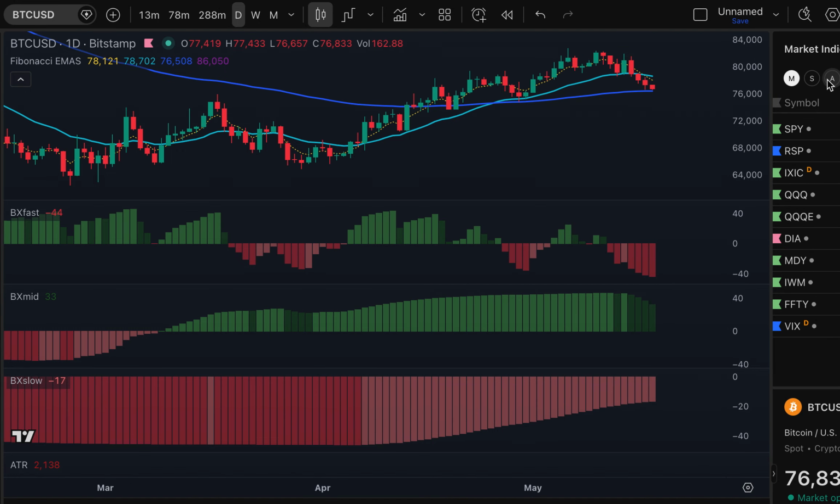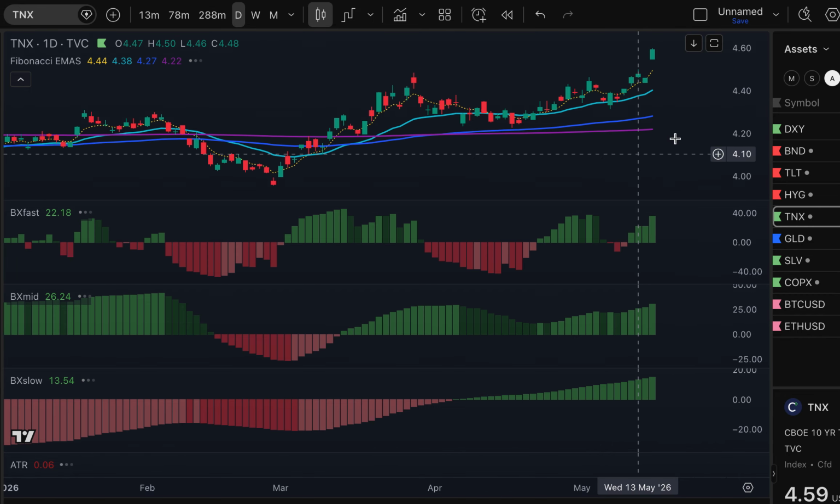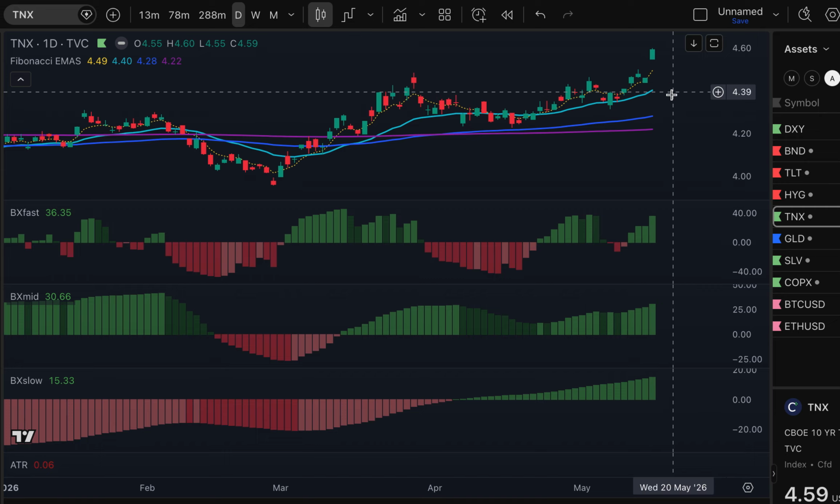Okay, and one more thing that's noteworthy is the 10-year Treasury yield. This is part of what was driving the weakness that we're seeing on Friday. This is the TNX ticker. The yield went from 4.46 at the close on Thursday to 4.59 at the close on Friday.